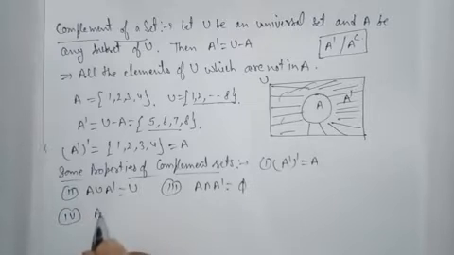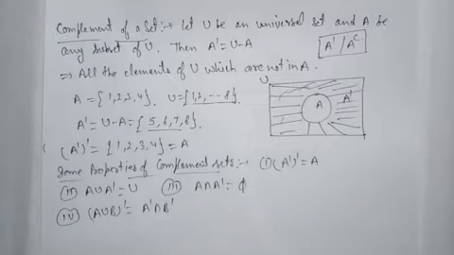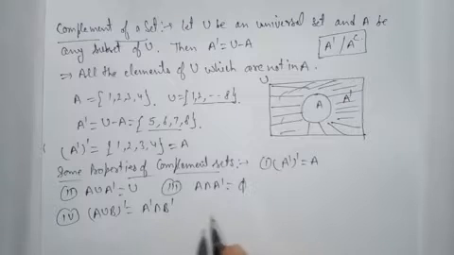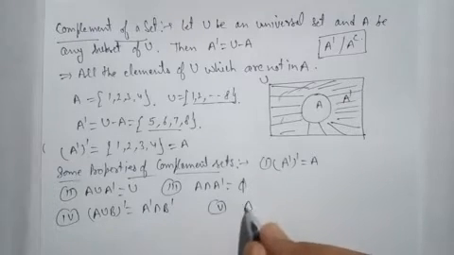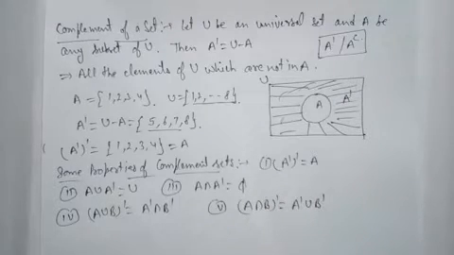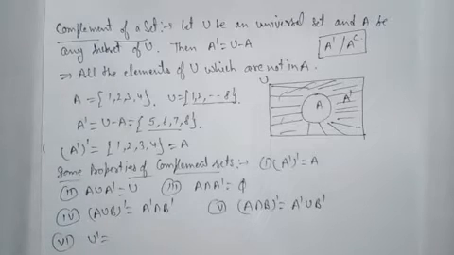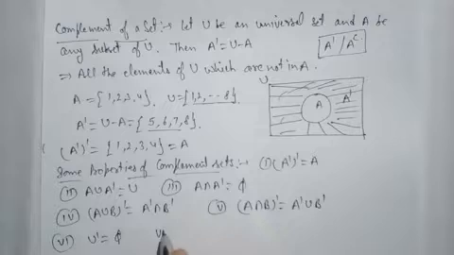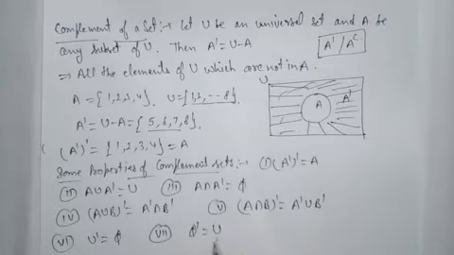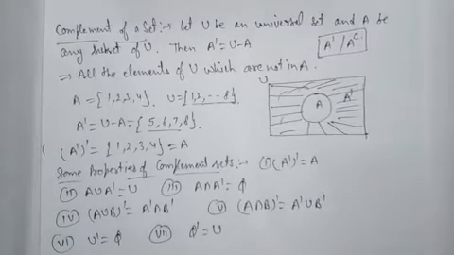Fourth, A union B complement is A complement intersection B complement. Means the complement of a union is the intersection of the complements. Similarly, A intersection B complement is A complement union B complement. Clear? Sixth, U complement is empty. Seventh, empty set complement is U. So these are some properties of the complement of sets.